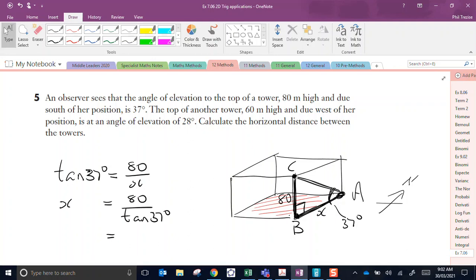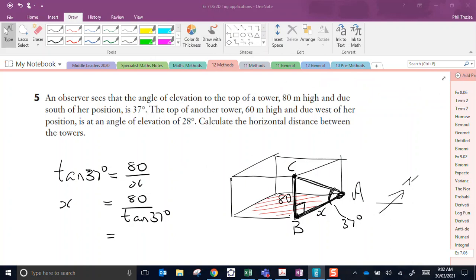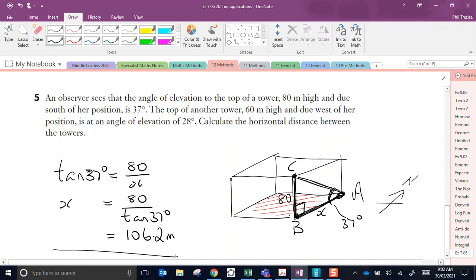And I'll just calculate that. I'm on degrees, so that should work. And because I'm very certain that I'll need to use this, I'll store it in memory X. It's 106.2. So that is 106.2 metres.